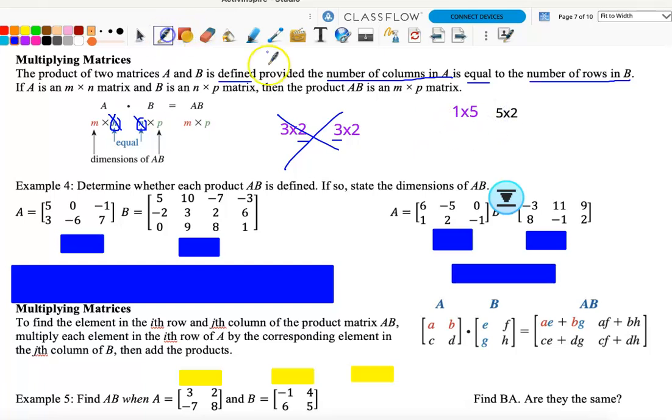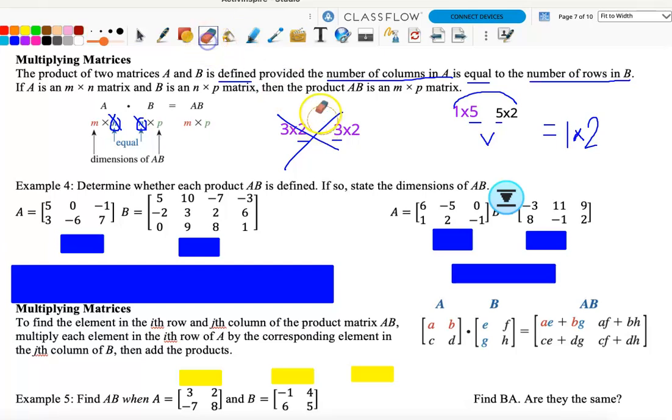Since these numbers match up, you are allowed to multiply, and then your answer would be a 1 by 2 matrix. So that's kind of how you figure out if you are allowed to multiply a matrix.